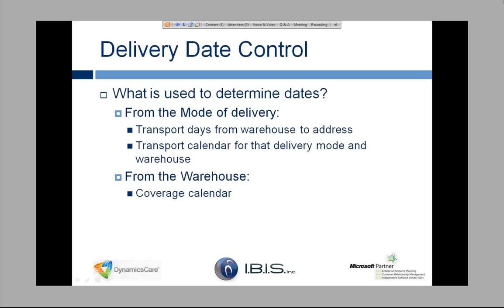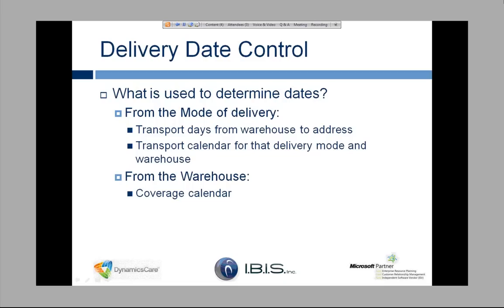And then there's also a transport calendar for the delivery mode and the warehouse. So basically it says that this delivery mode has its own calendar. For instance, if you had UPS, you know that they don't ship on Sunday. So for their transport calendar, you would utilize a calendar that has Sundays blocked for pickup, and then any dates get adjusted based on that if you use that mode of delivery.